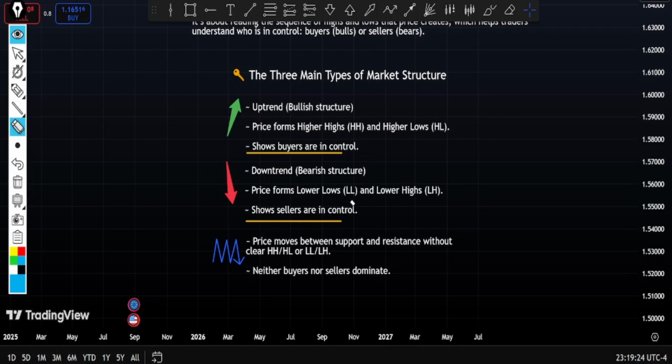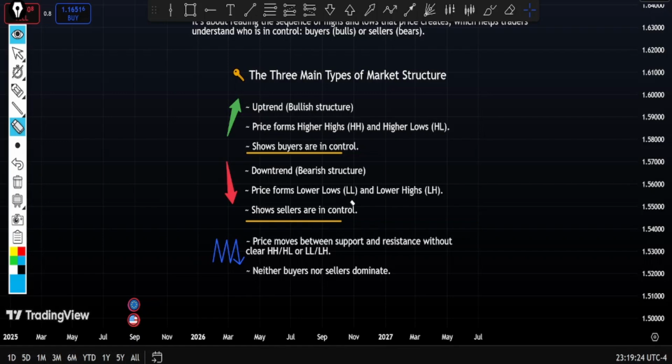Similar to the bullish structure or uptrend, this one is just going down. Sellers are in control in this type of structure. As sellers push the price down, it's creating breaks of structure.